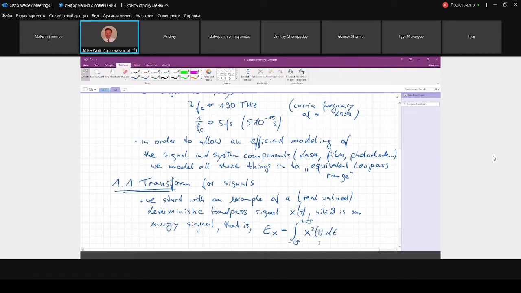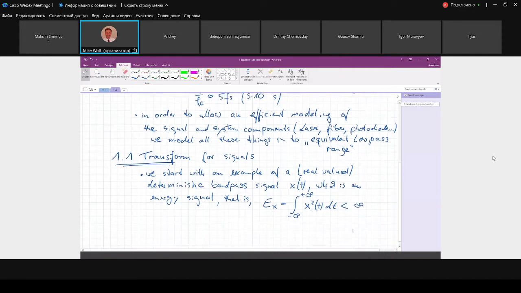If this is in volts, then squared voltage would be instantaneous power, and then we integrate a power from minus infinity to plus infinity, so I get an energy, and this should be smaller than infinity. So then it's an energy signal.